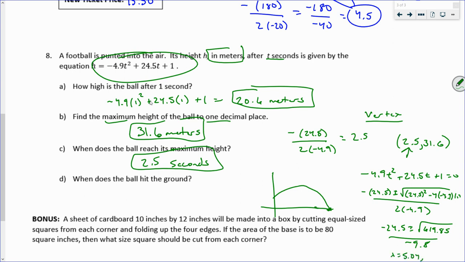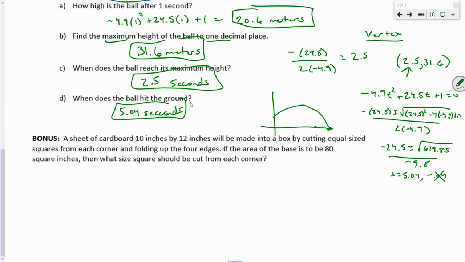If I go negative 24.5 plus, I get something like negative 0.04, which is extraneous, since you can't have a negative second. So this must be 5.04 seconds.